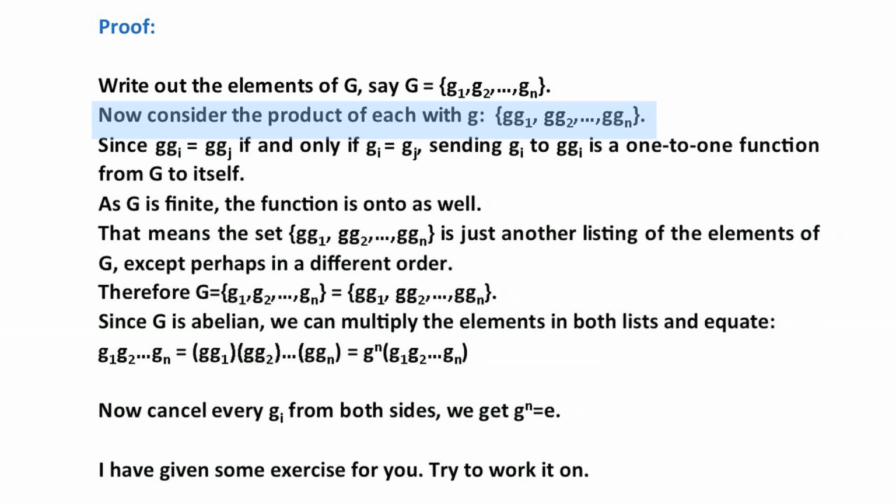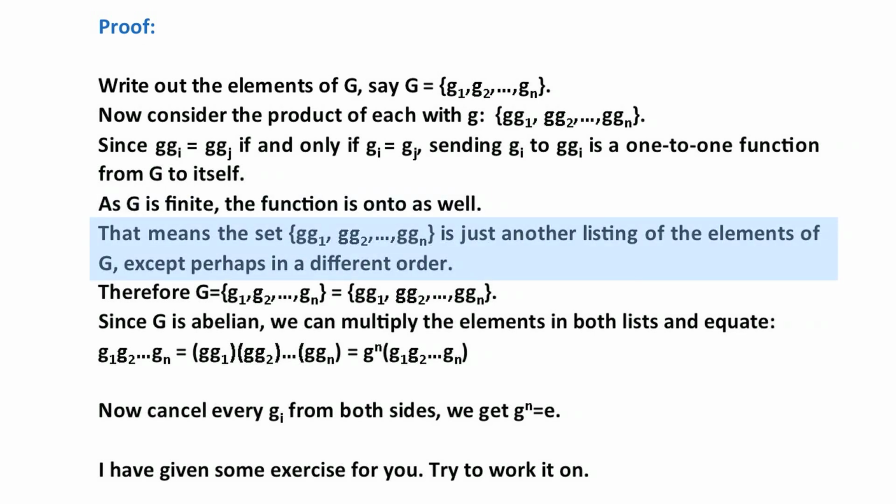Now consider the product of each with g, that is gg1, gg2 and so on to ggn. Since ggi is equivalent to ggj if and only if gi is equivalent to gj, sending gi to ggi is a one-to-one function from G to itself. As G is finite, the function is onto as well.